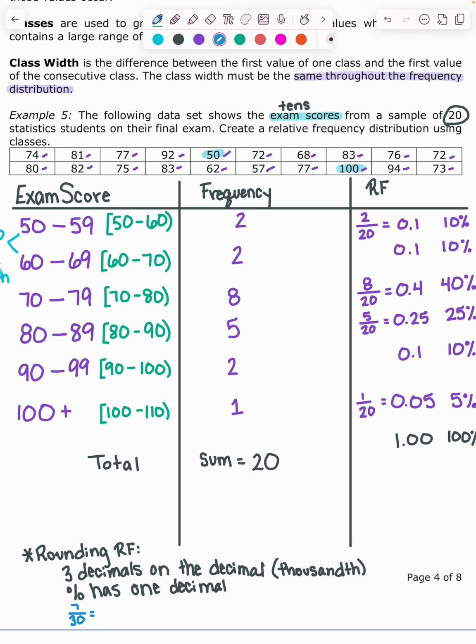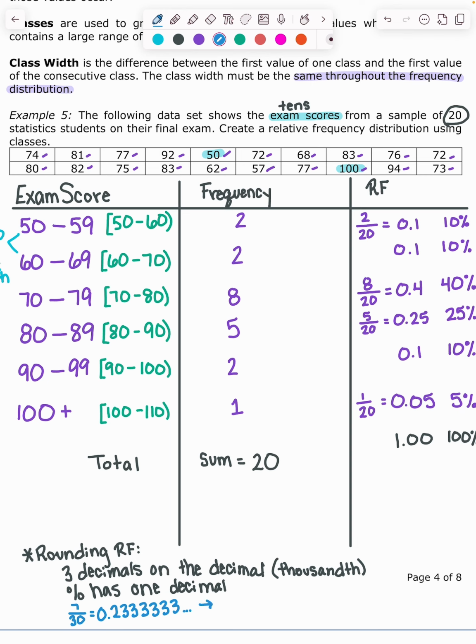Let me just do this on here real quick. 7 divided by 30 is 0.233333 repeating forever and ever.